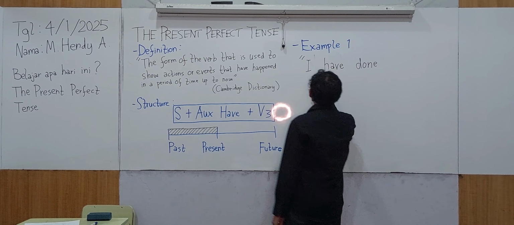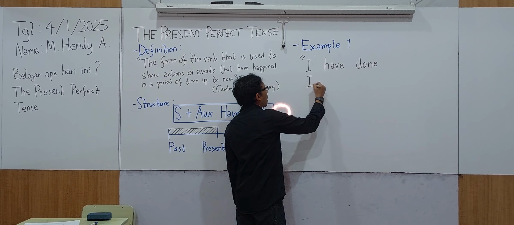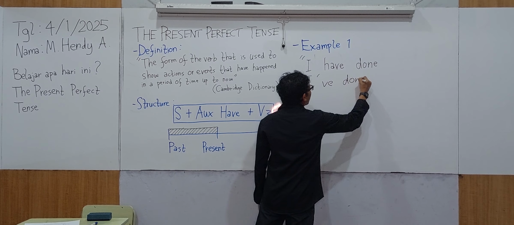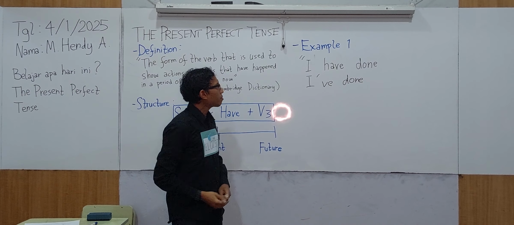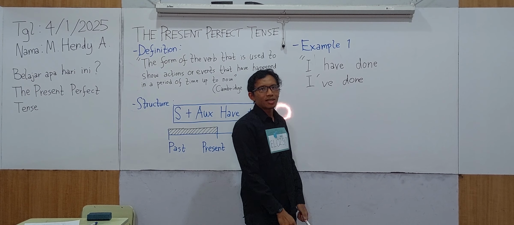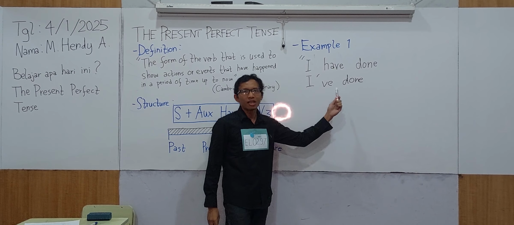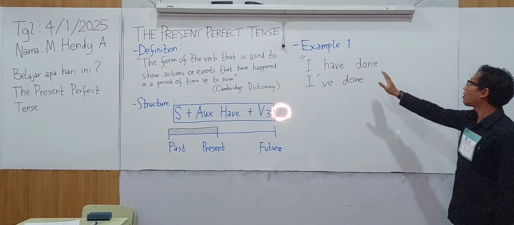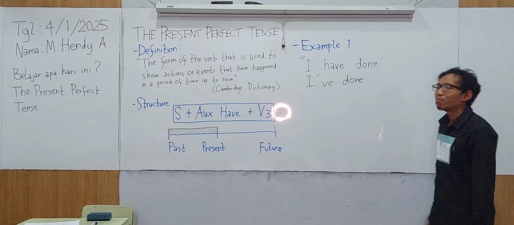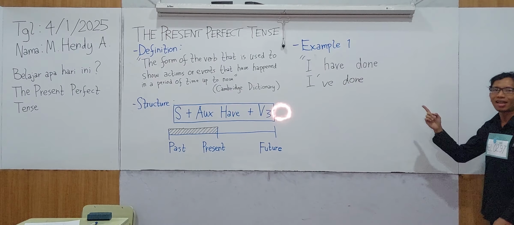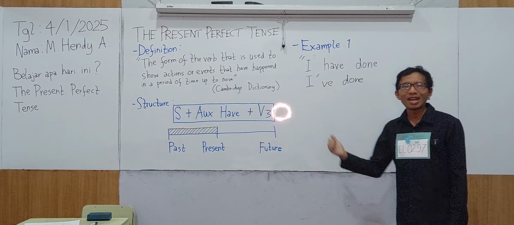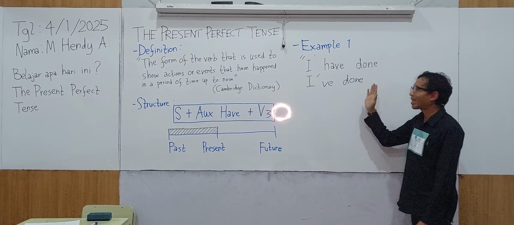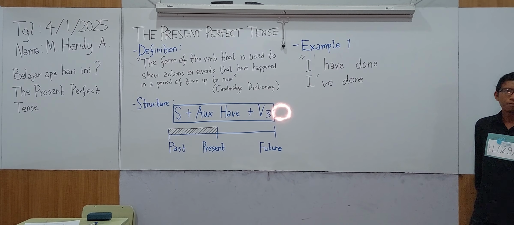Or, you can also say, I've done. Right? This one is more common, yet at the same time sounds informal. Alright? So far we've got I have done. But this isn't enough to form a sentence. Why? Because done here is a transitive verb, meaning it needs an object to be completed.